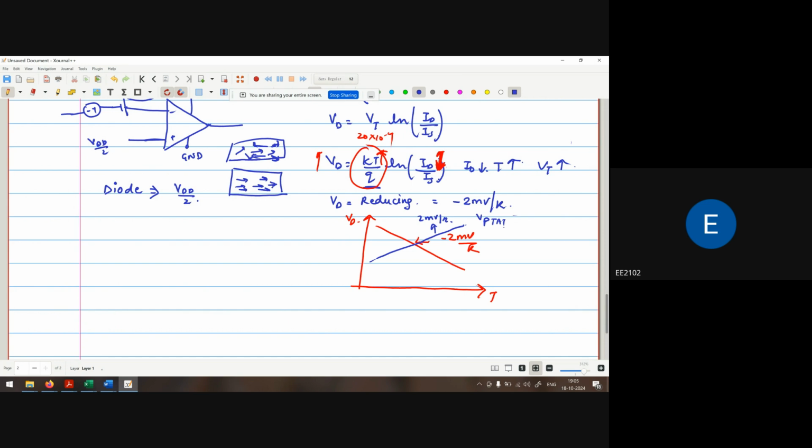So overall the slope will be zero. Okay, so this is the concept. Now, how do we add the 2 millivolt per Kelvin slope?